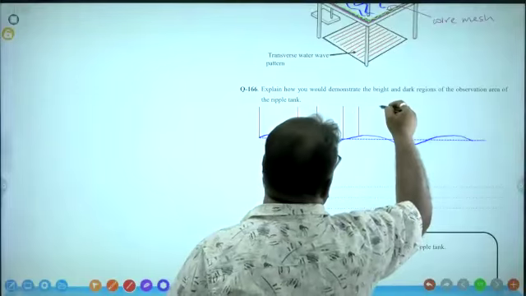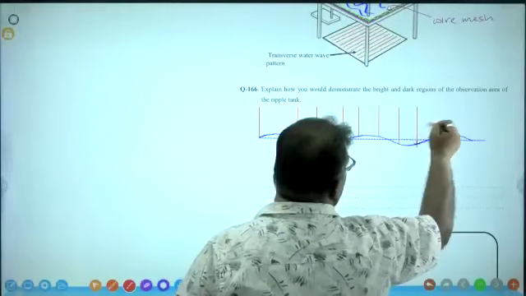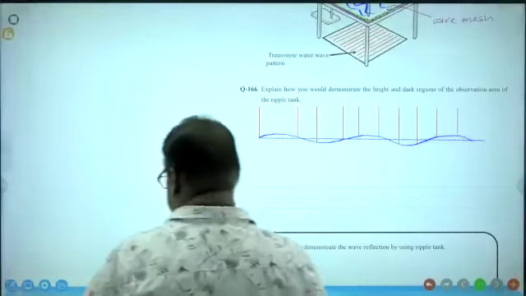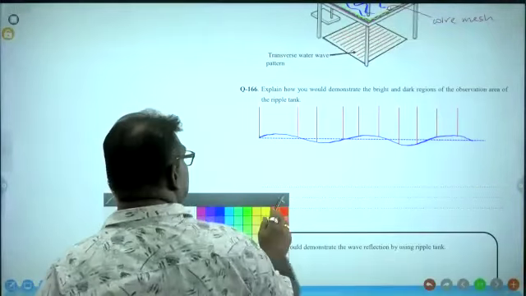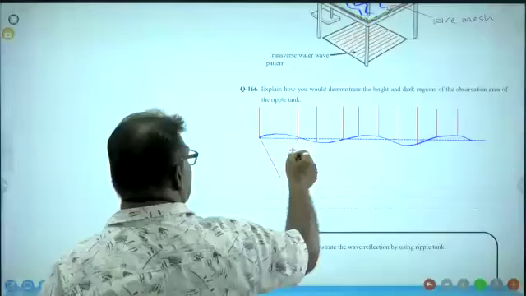Here again a crest like this and a trough like this right here. And then they are converging at a point.